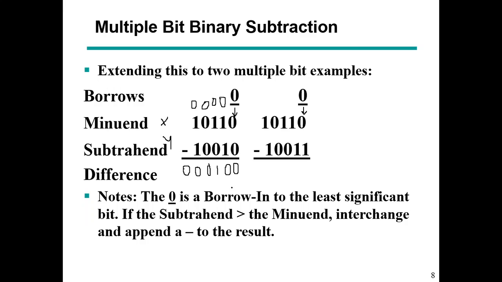Let us verify in decimal. These are the same numbers, I guess. Yes, this is 16 plus 4, 20, 22.